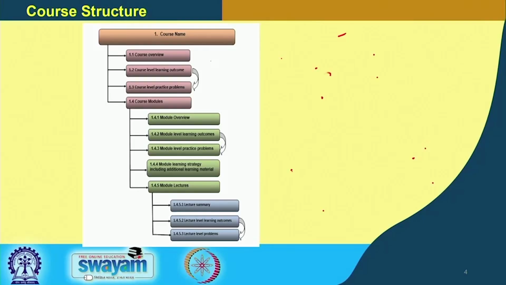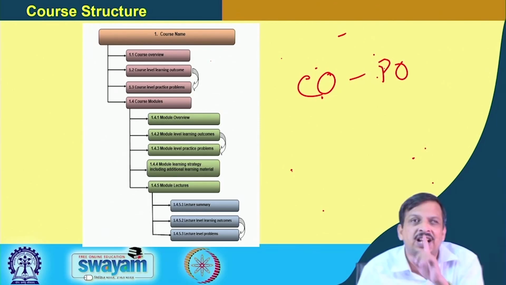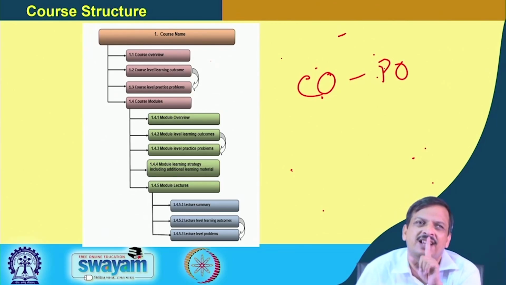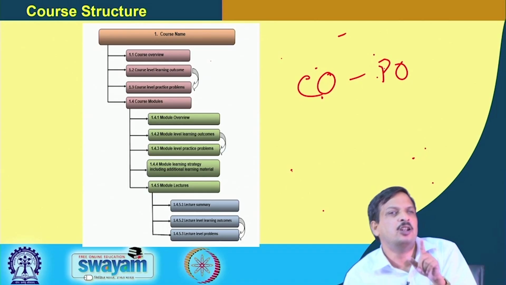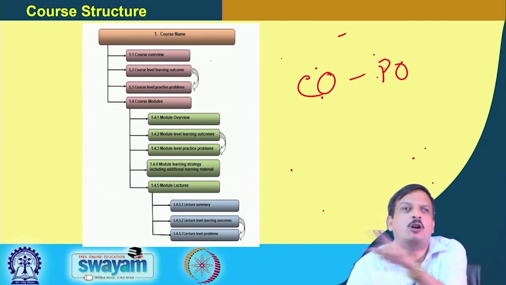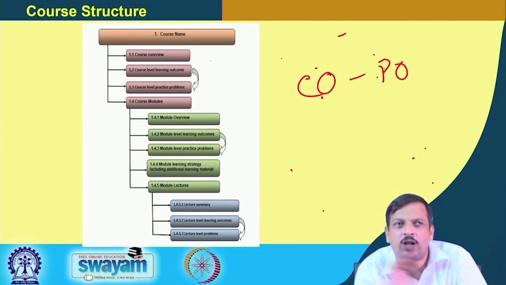Those COs may be applicable for diploma level or ITI level, but for BTech level they are not appropriate, because when you map CO to PO, none of the POs says that your outcome level should be knowledge and comprehension. People will say, no, the first PO says the knowledge of engineering. It is not only knowledge.